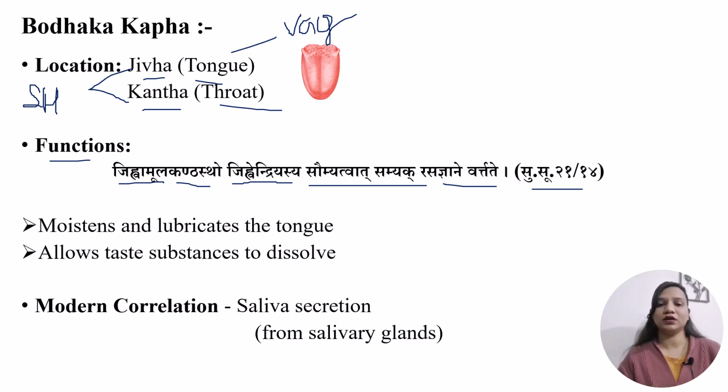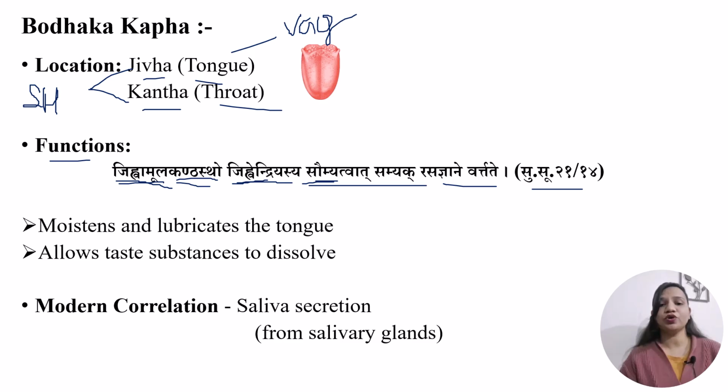It means that the Bodhak Kapha located at the root of the tongue, Jivha Mool, and in the throat, Kanthastha, and also in Jivhe Indriya, the proper tongue, enables proper perception of taste because of the cooling and gentle nature of the kapha. Saumyatvad means the cooling or gentle effects of the kapha. So due to this Saumyatvad nature of kapha, it helps in proper perception of the taste.